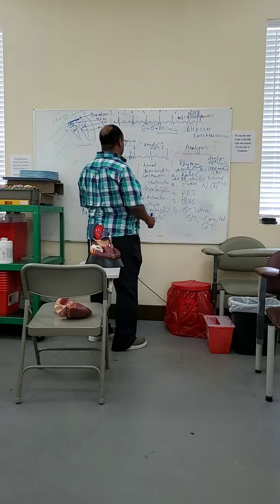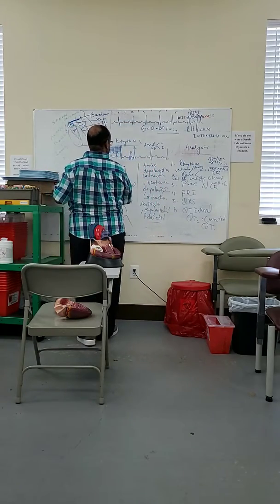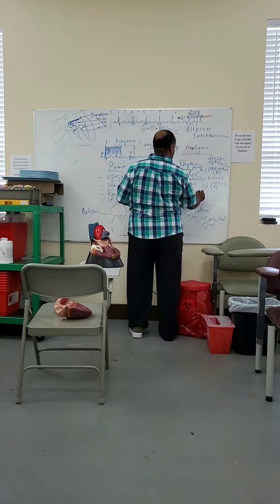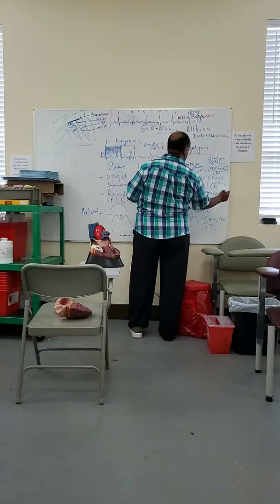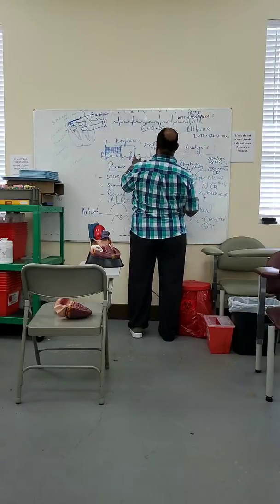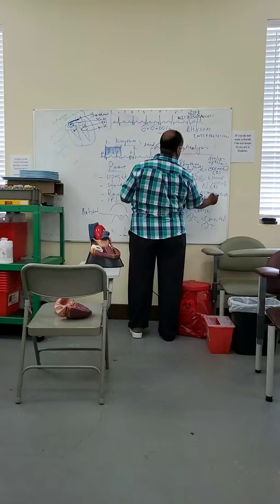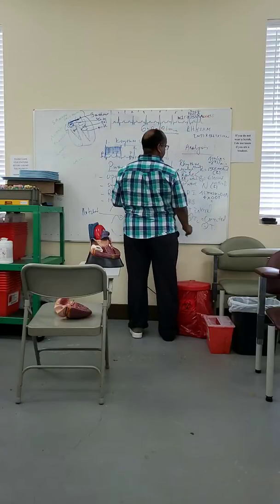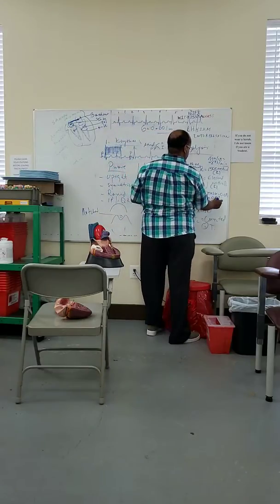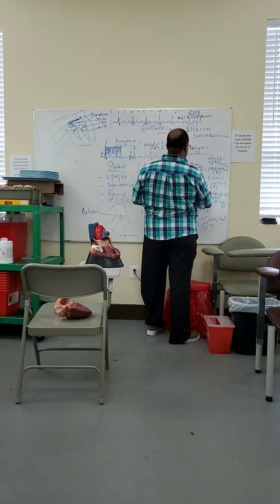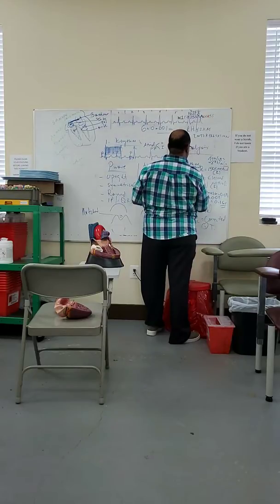Because each little box is how many seconds? 0.04 seconds. So let's say I got 4 little boxes here. 4 multiplied by 0.04 gives 0.16 seconds. Usually the normal range will be 3 to 5 little boxes, which is 0.12 to 0.20 seconds.